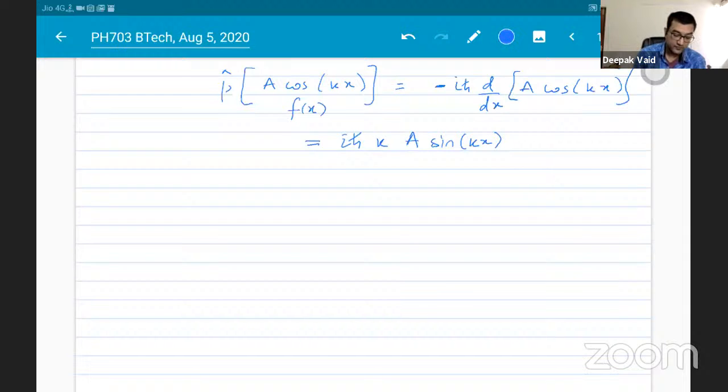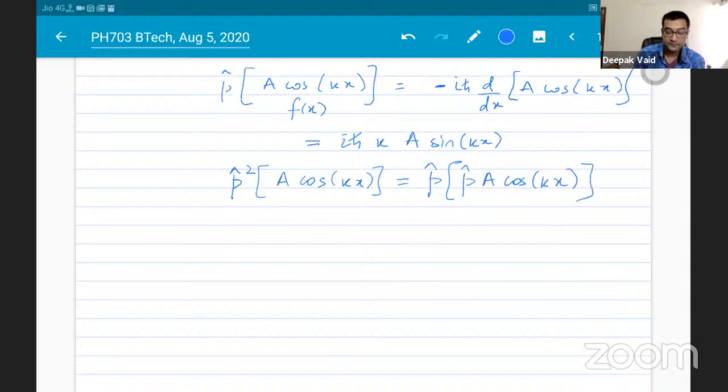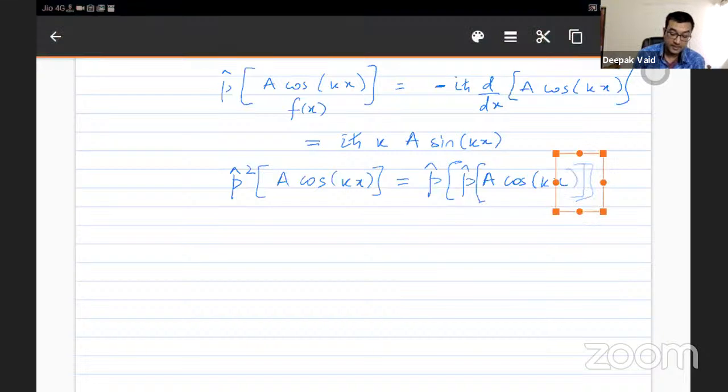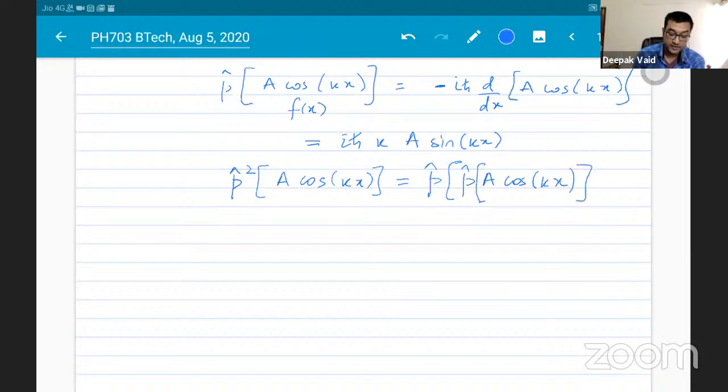But if I take a second derivative, so if I take this function f and act on it with the operator p one more time, that means I have acted on this function with p once, and then I act on it again.